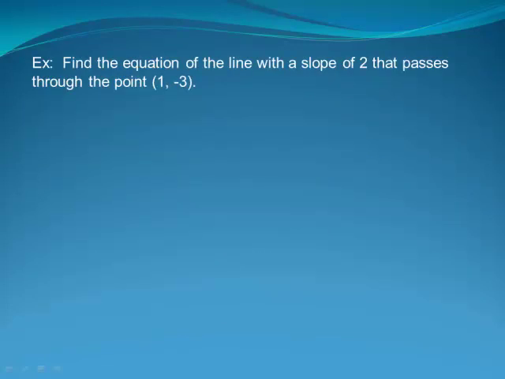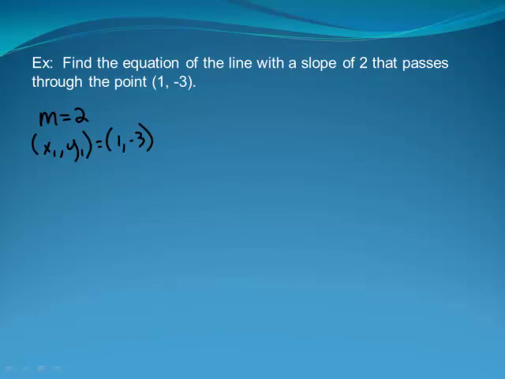So let's do this example. Find the equation of the line with a slope of 2 that passes through the point (1, -3). So here we're given the slope. Slope is 2, as the problem says, and we're given a single point, (x1, y1), (1, -3).